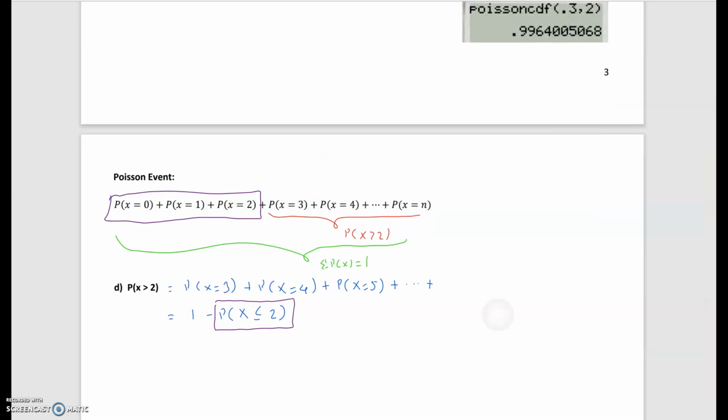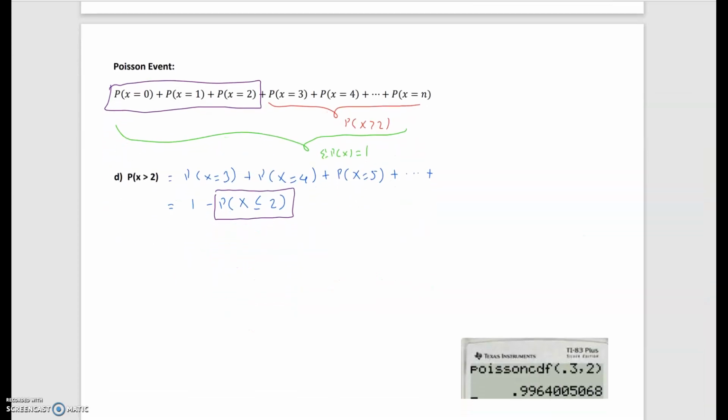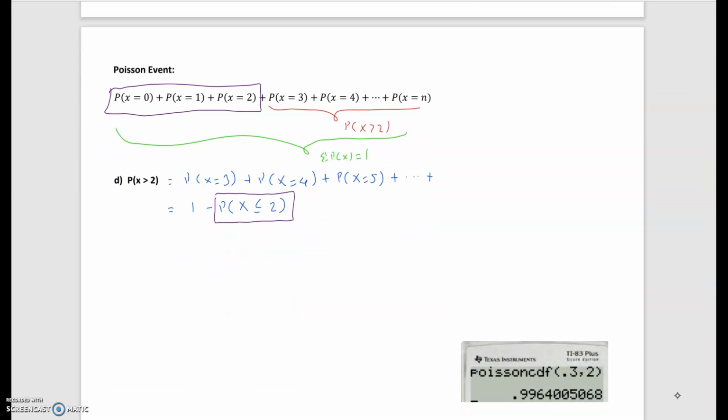It's the one above it, which is going to give us, in this case, 1 minus less than or equal to 2, which was 0.9964. And this is approximately 0.0036.